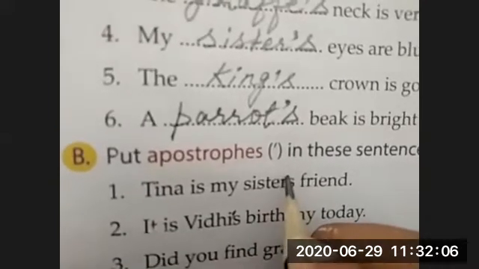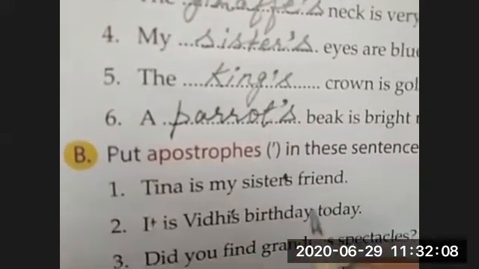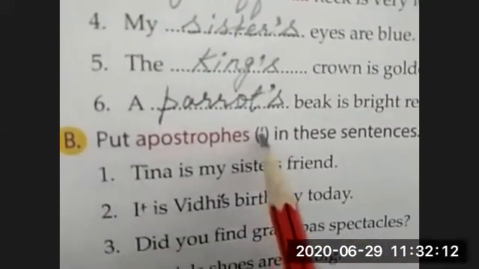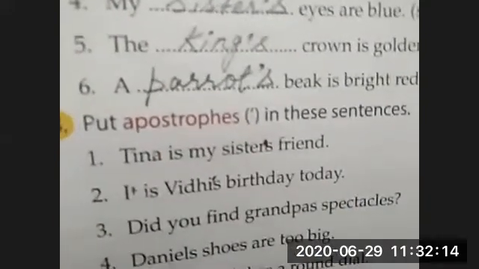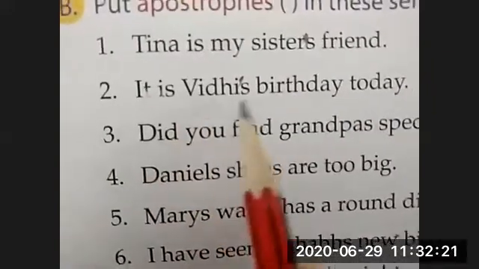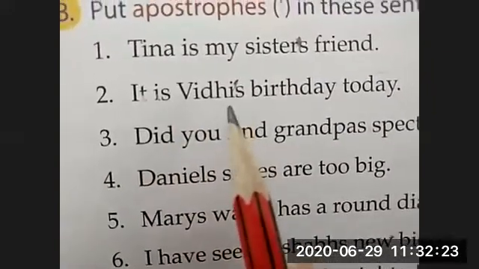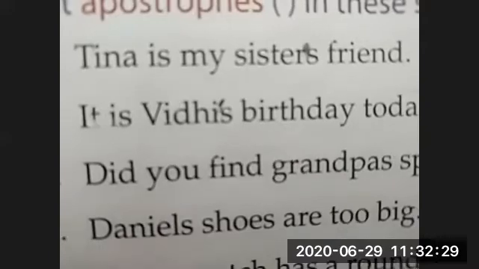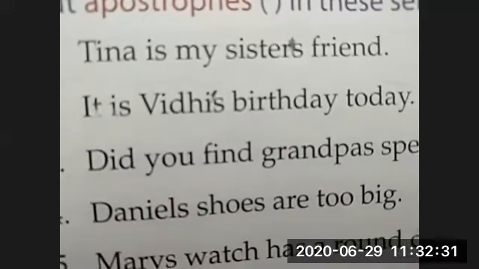You can see I have put an apostrophe here. Put the sign like this. In the second one, it is Vidhi's birthday. Put it here. Done.